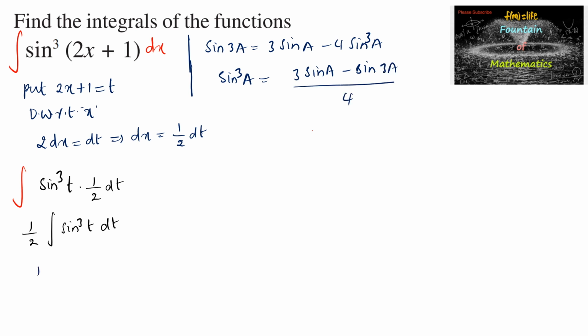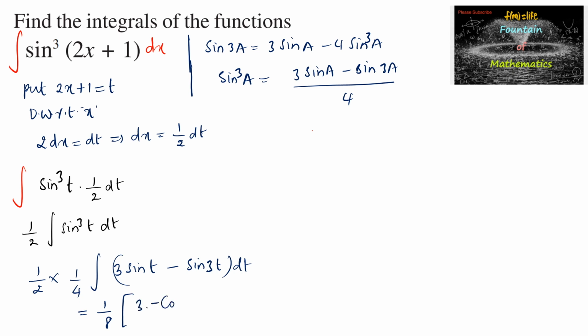So let us substitute here 1 by 2 times again 1 by 4 integral of (3 sine t minus sine 3t) dt. Let's integrate: 1 by 8 times, 3 times the integration of sine is minus cos t, and again here minus the integration of sine, which is minus cos 3t upon the coefficient of t, which is 3, plus integral constant c.